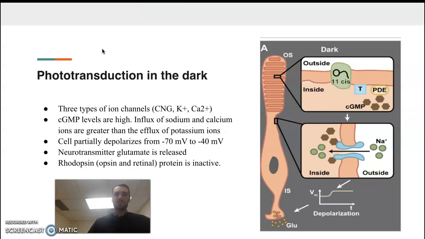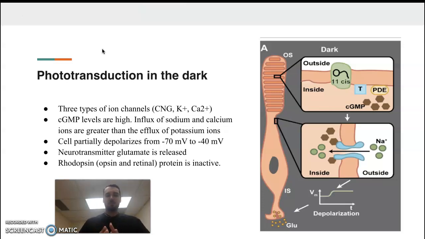Okay, so just like in any other part of physiology, we have a bunch of ion channels, and in the dark or the light, there are three types of channels. We have CNG channels, potassium channels, and calcium channels. When it's dark, you can see in the depiction, there's a large concentration of what looks like these hexagonal molecules, which are called cyclic guanosine monophosphate.